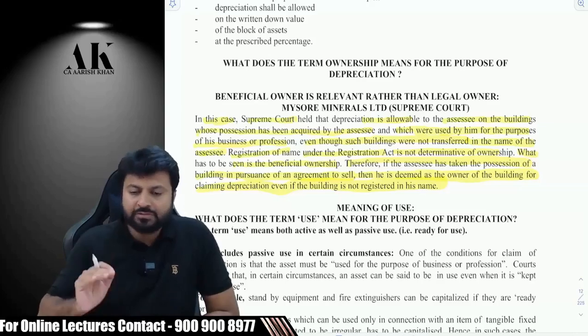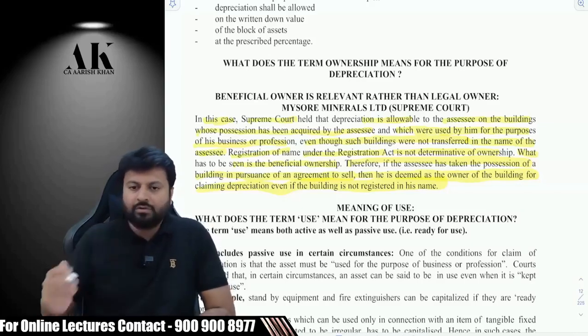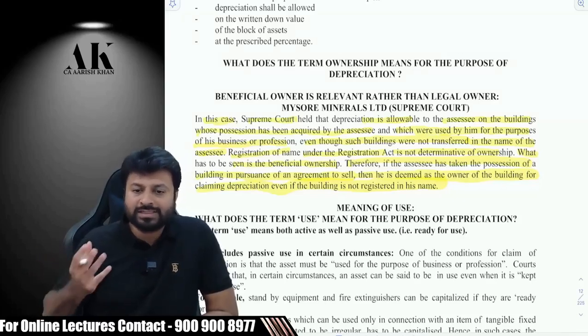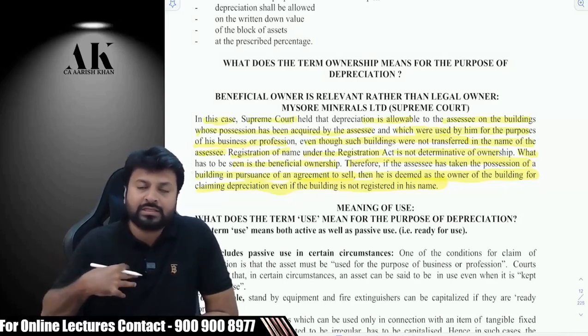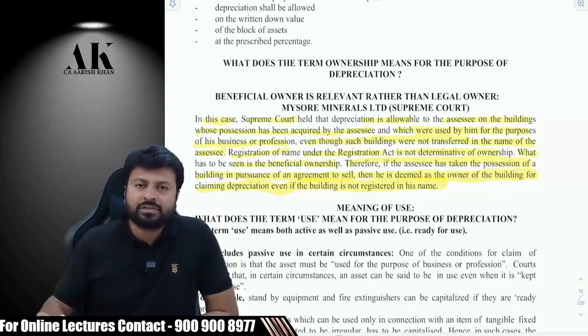So therefore, this judgment is something what Palani has said. It is something which is talking about what? Substance over form concept. So the form is what? The form is the registration. But what is the substance? The substance is, it is my asset. I have absolute control over the asset. I have right over the asset. Registration is just a mere formality under the registration laws.